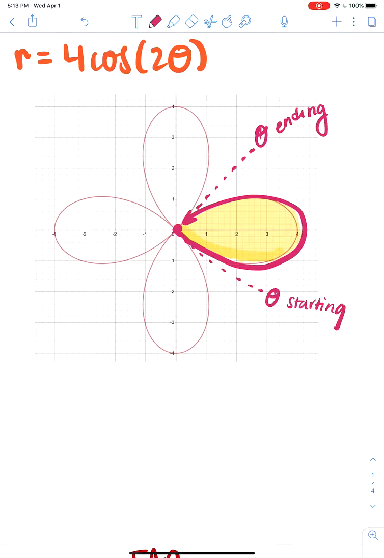We know that both when we start and when we end, r has to equal 0. So they have to be values of theta such that 4 cosine of 2 theta is equal to 0.